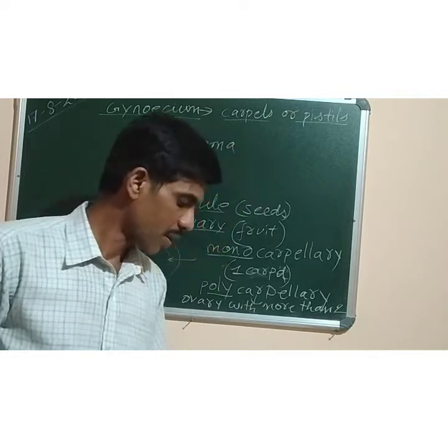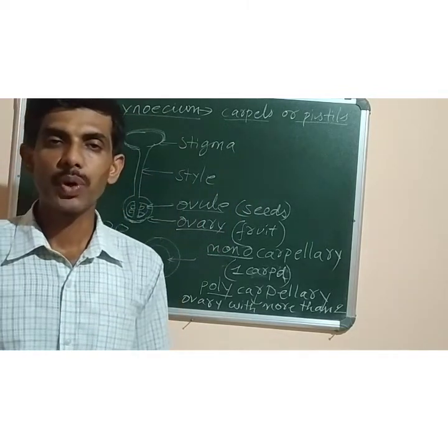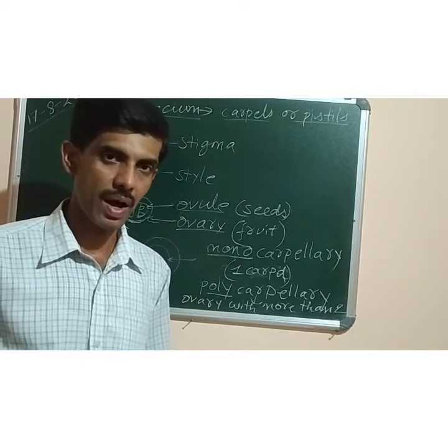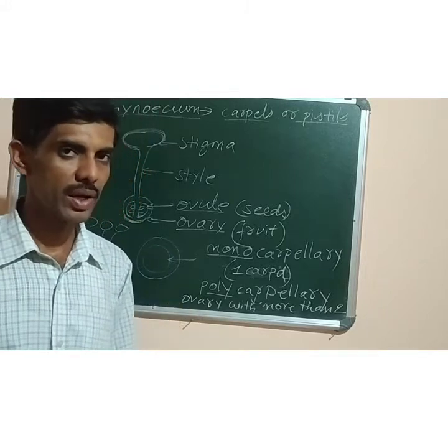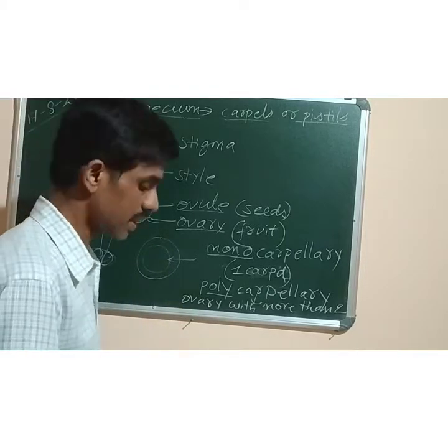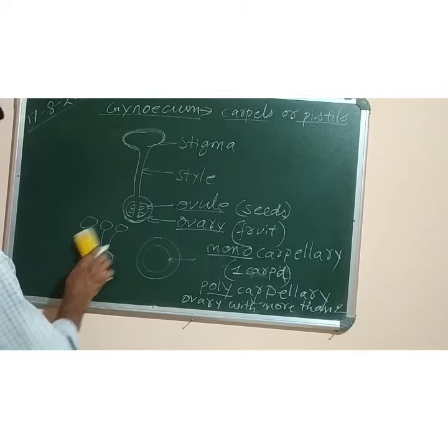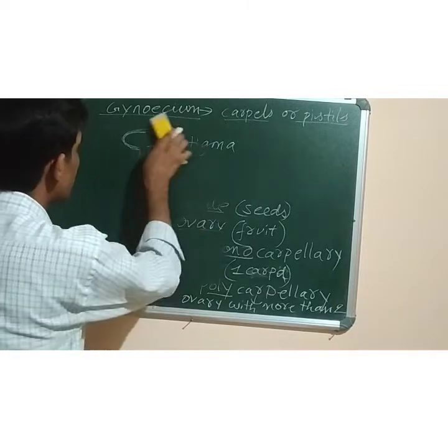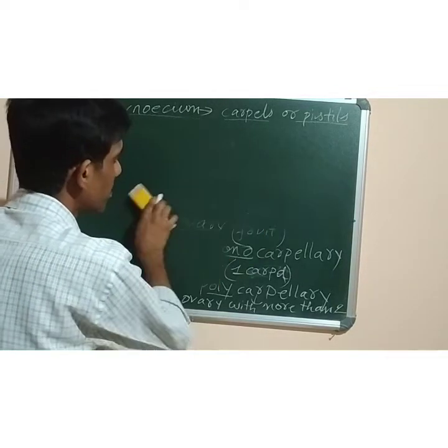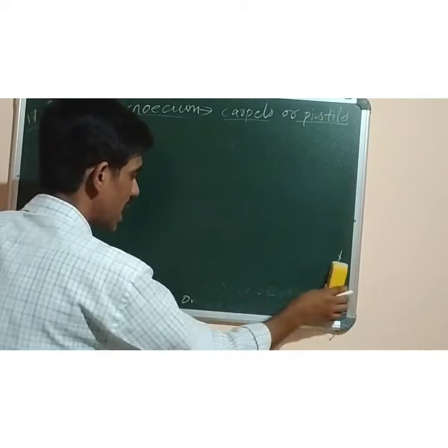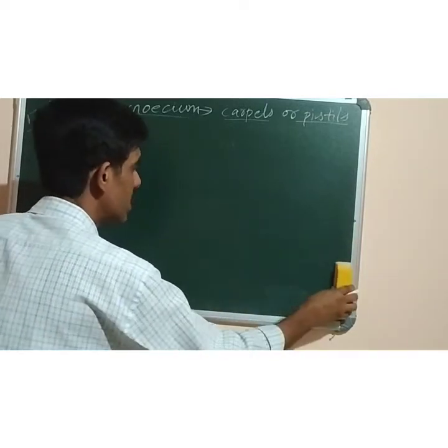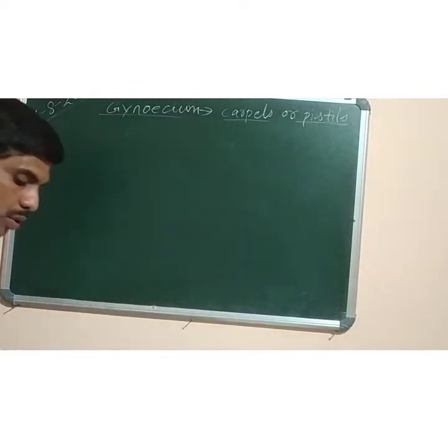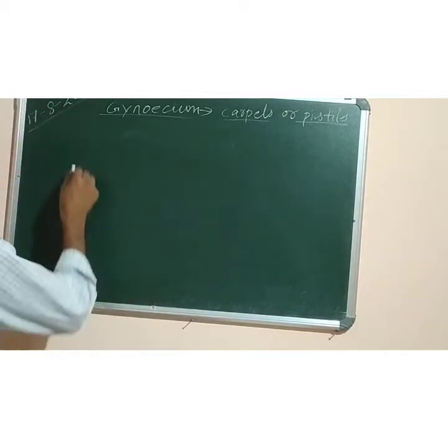Got it? Now next, depending on the position of ovary in the flower, means where the ovary is located, flowers are of 3 types: hypogynous, perigynous and epigynous. One by one we will study all the 3 types. Number 1 is hypogynous.